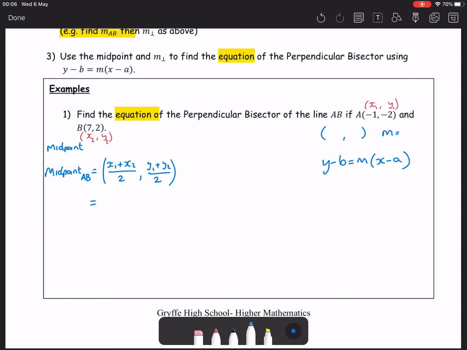Minus 1 plus 7 all over 2, and minus 2 plus 2 all over 2. 6 over 2, 0 over 2, gives our midpoint of 3, 0. Therefore, we have our point.